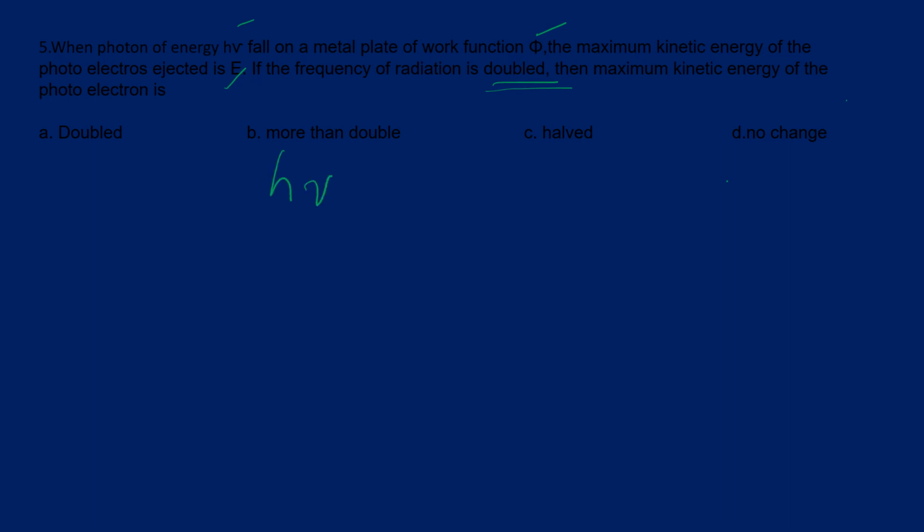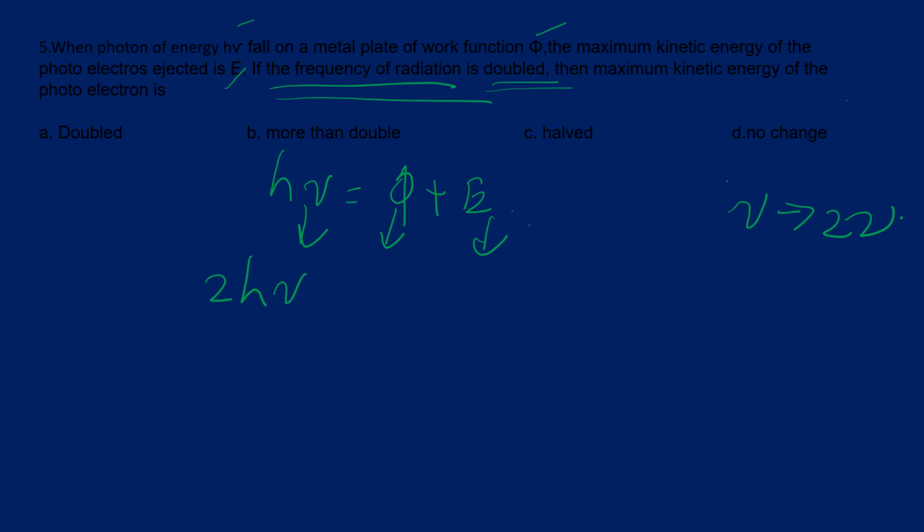We know the equation h nu equals phi plus E, where h nu is the photon energy, phi is the work function, that is the minimum energy needed to eject an electron from the metal, and E is the maximum kinetic energy of the electron. When the frequency of radiation is doubled, nu becomes 2 nu. So this equation becomes h into 2 nu, or 2h nu, equals phi plus E dash.